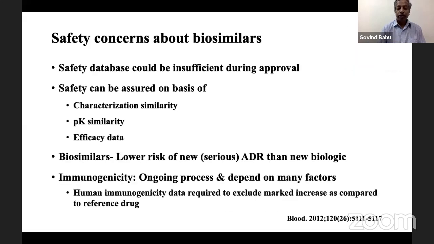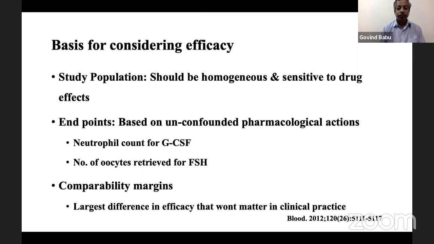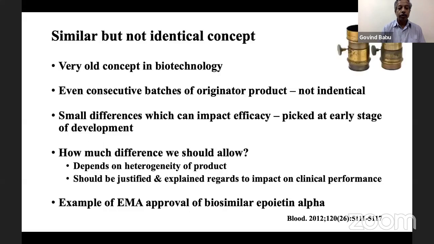One more thing we must remember is that when we talk about biosimilars, this is not a very new concept because the biotechnology has been there for some time, and important thing that we need to remember is each batch of the innovator is not identical.